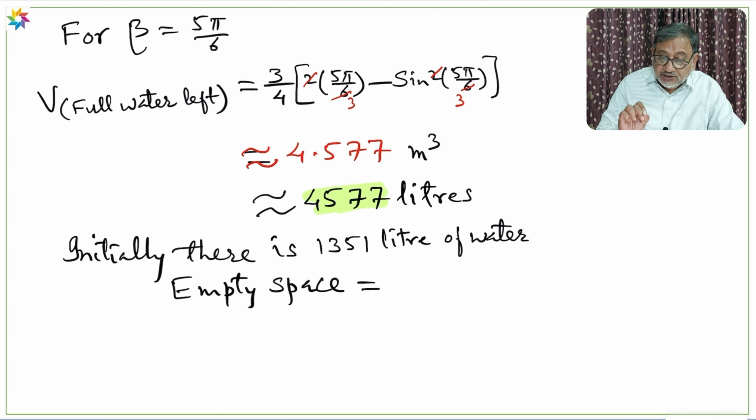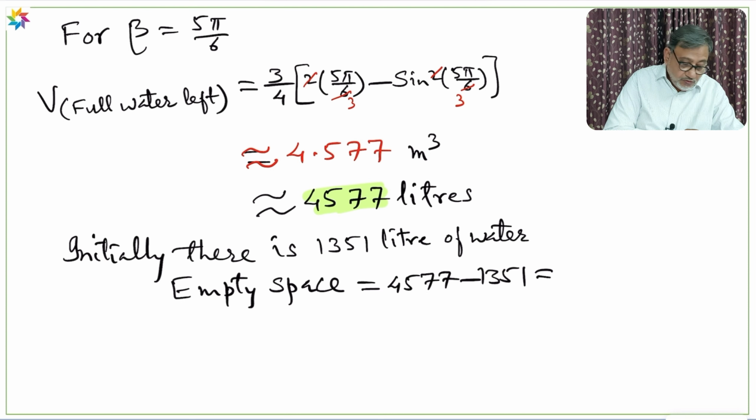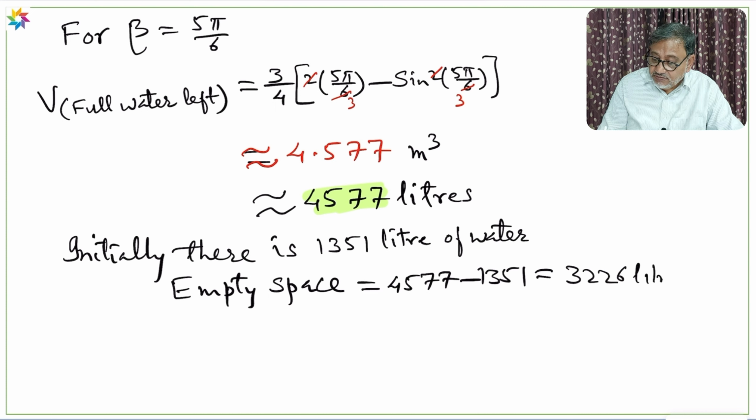So the empty space, this is full, from that we have to subtract that 1351, so 4577 minus 1351 gives me 3226 liters. This is the empty space. This is the leftover space, right?